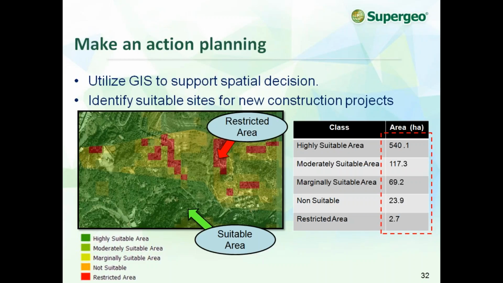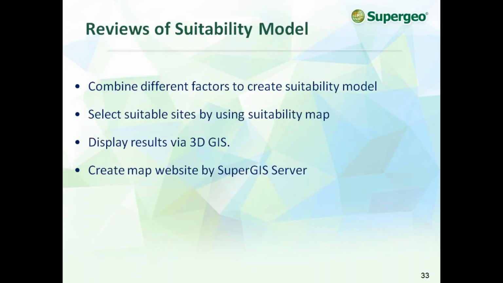Okay, thank you, Chris. Here is Eugene again. In this final slide, let me quickly review some key points from today's webinar. First, we learned a commonly used suitability model called EIA, and the detailed workflow of this model. Second, we demonstrated a real case of selecting a golf course by conducting a suitability analysis with SuperGIS Desktop.